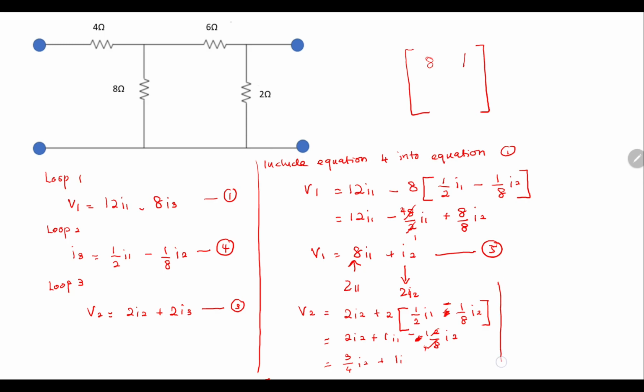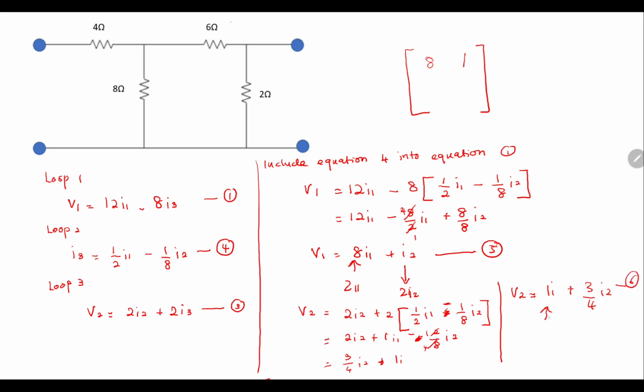If you rearrange, we got V2 equals I1 plus 3 over 4 I2. So this one we call equation 6.